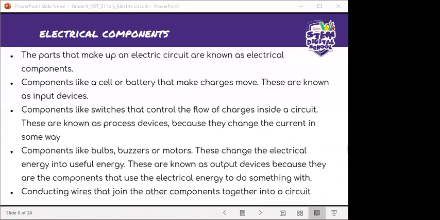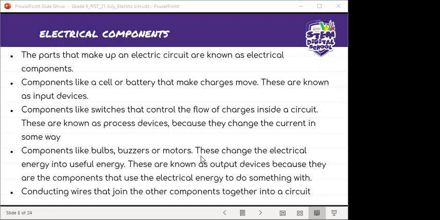I'll give you guys the activity tomorrow. Then we'll just look at the circuits next week, Monday. So tomorrow or Thursday, I'll give you guys the activity. Then you'll have the weekend to build the electric circuits. Then we can look at each other's electric circuits in class.